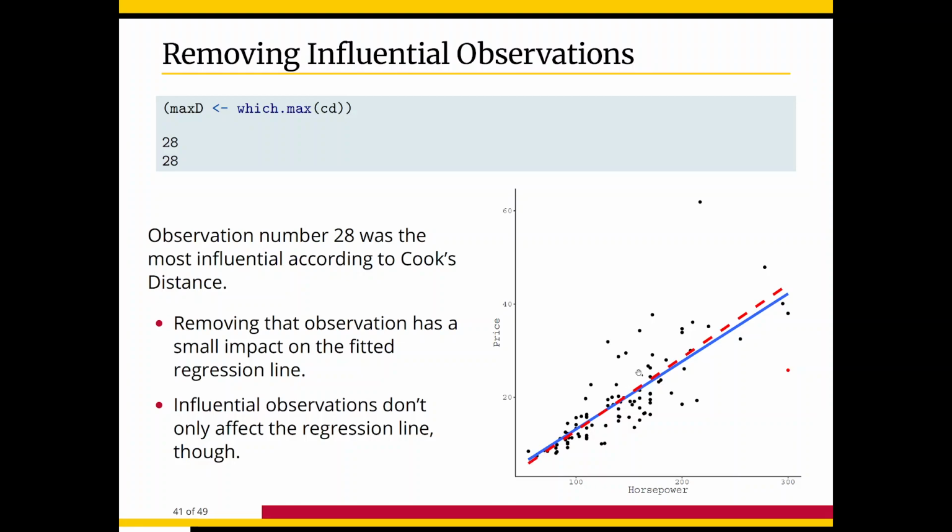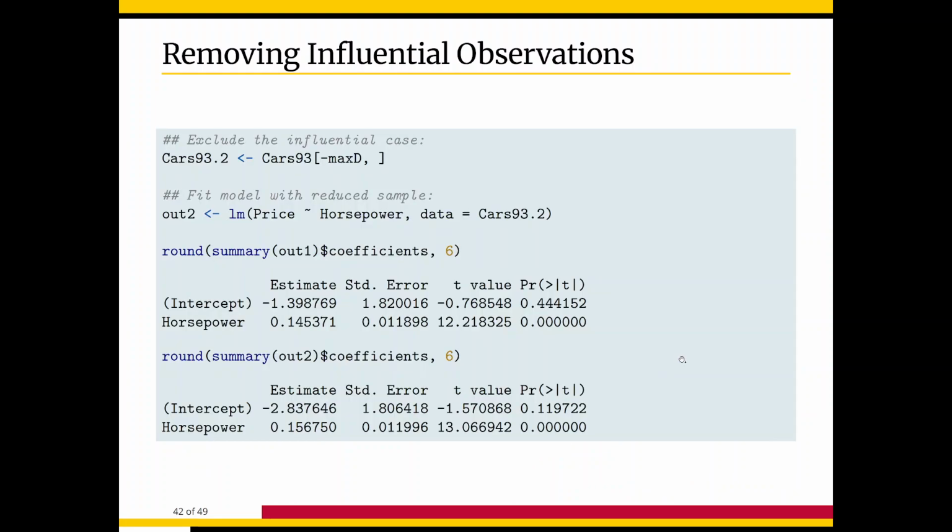And we'll see that it changes a little bit. The slope changes a little bit, the intercept changes a tiny bit, but not a huge amount. But just the changes in the regression line itself aren't the whole story. So let's look into this a little bit more carefully. To exclude this case, we could do it this way. There are different ways you can do it.